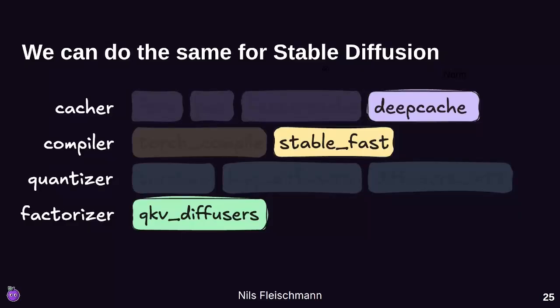And of course, because Flux is a super big model, you might not be able to run it on your gaming GPU, but you can use the same formula that I presented also for different types of models. So for example, for the stable diffusion models that are usually much smaller than the Flux model, you would use a different combination. I think for them, the cache you want to use is deep cache combined with stable fast and a QKV factorizer.